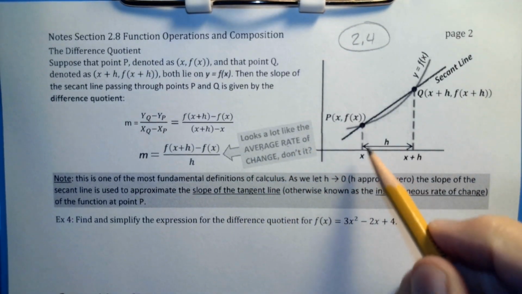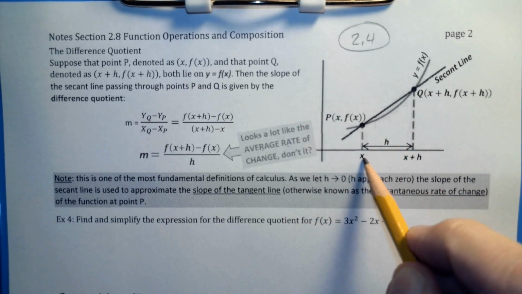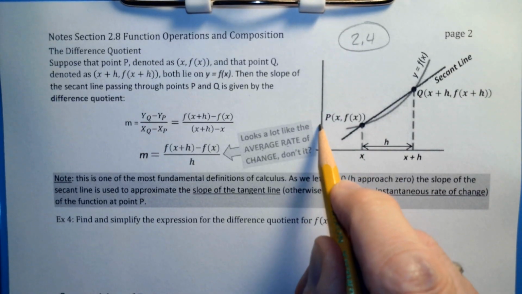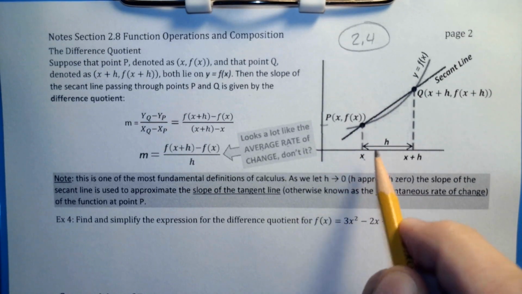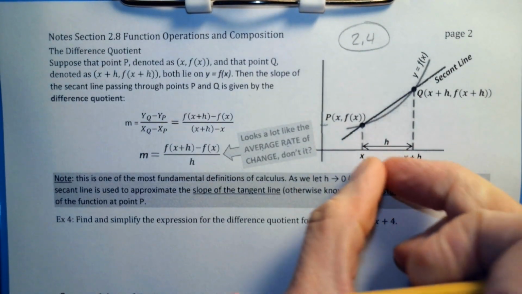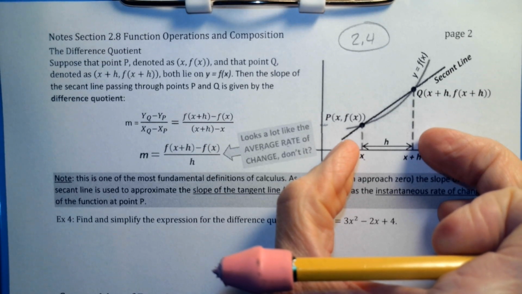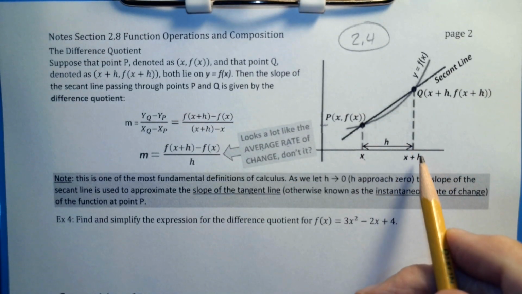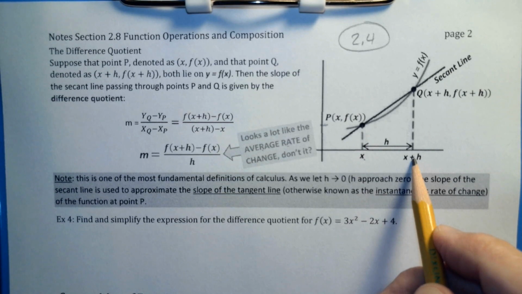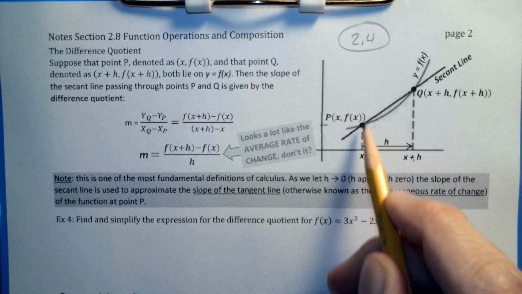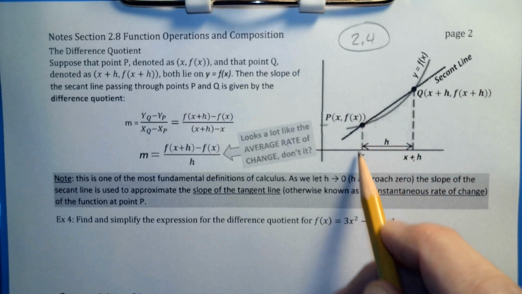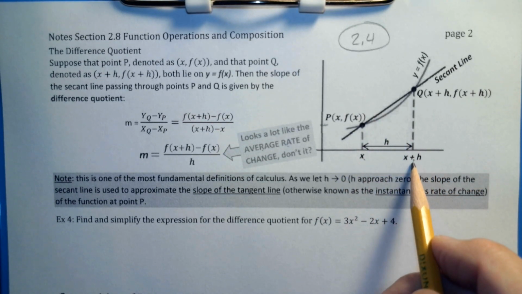So we have two points. We have an x and we have an f of x, right? So we have this point at x and f of x. And we go over a certain amount that we call h. And so this x coordinate is now x plus h. Everything's kind of built on this x value. So we have x, and then we have this value, which is x plus h.